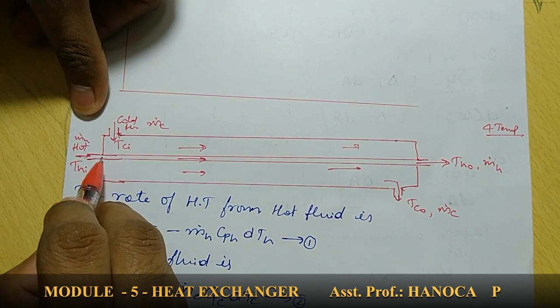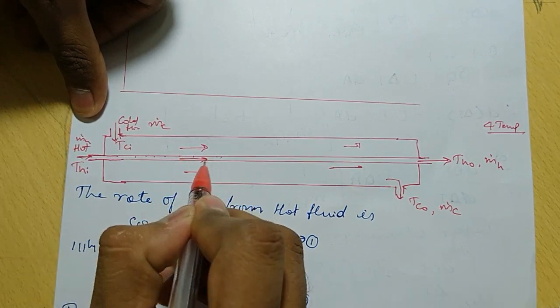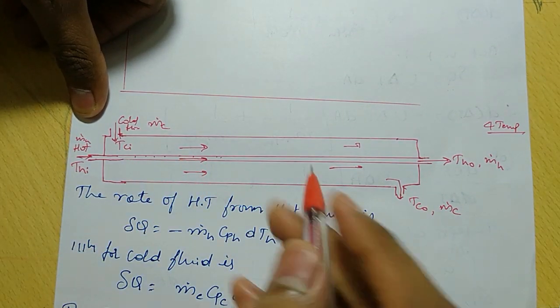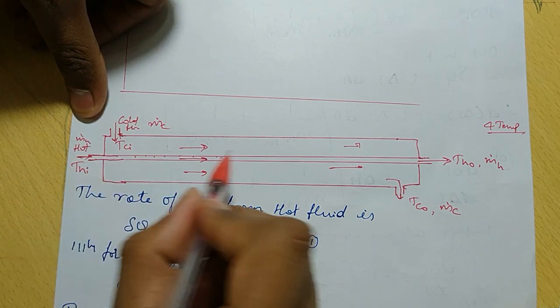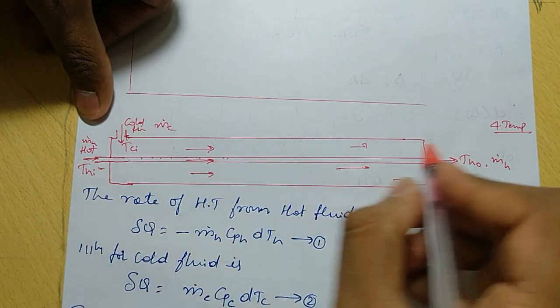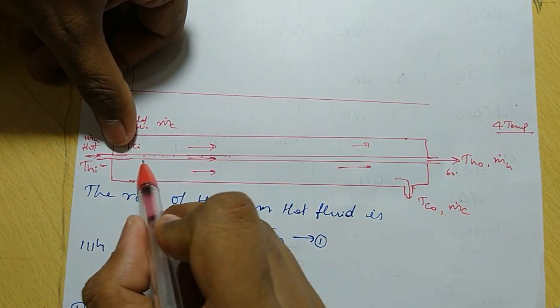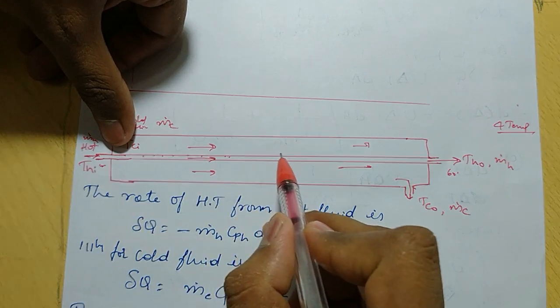When the hot fluid is moving, at every section, what is happening? Its temperature keeps decreasing. When the hot fluid moves from this location to this location, suppose it is 100 degrees centigrade, it may come out at 60 degrees centigrade. At every point the hot fluid temperature keeps reducing.